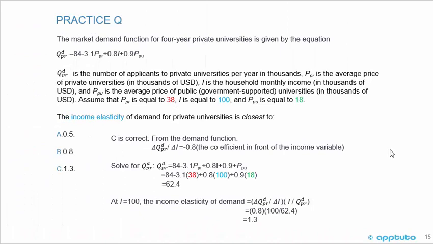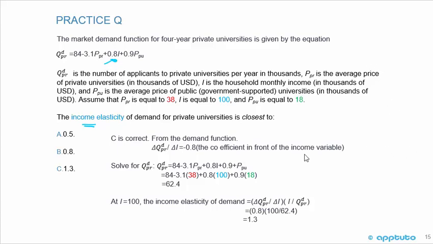A, B, or C? I think you're going to agree that these questions get easier as we do more of them, because we're doing the same steps and just changing a couple of the variables. In this case, they're looking for the income elasticity, so we're looking at this variable in the multi-factor model.